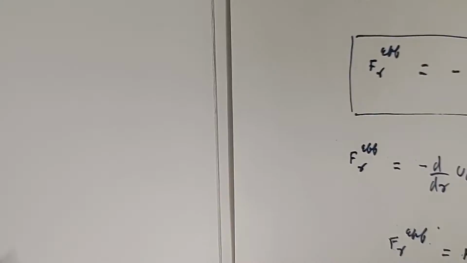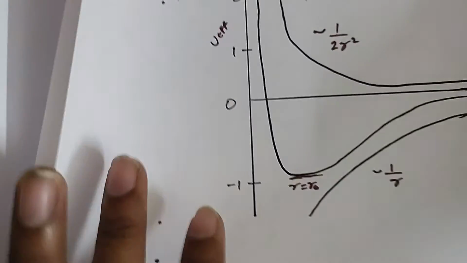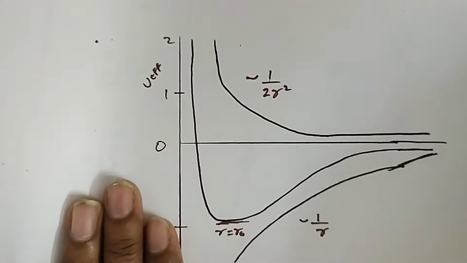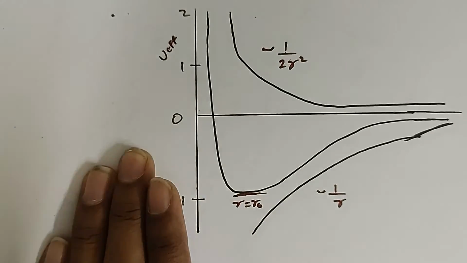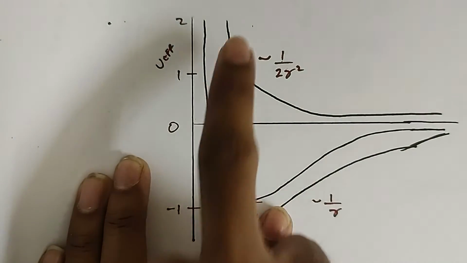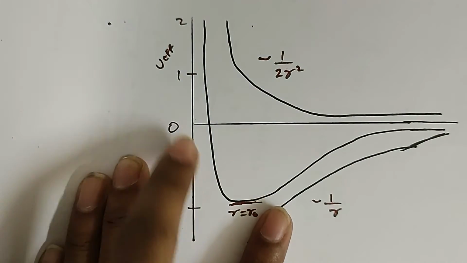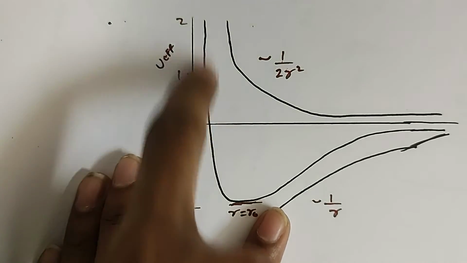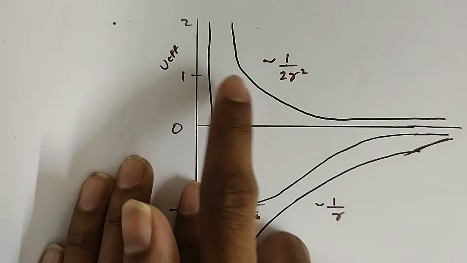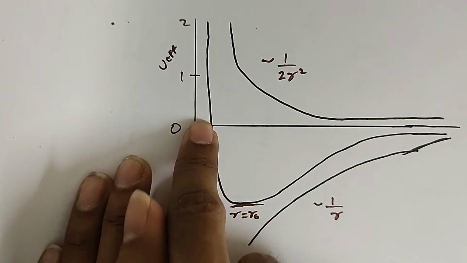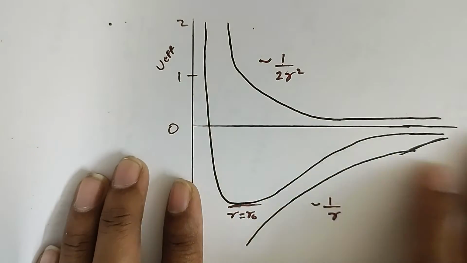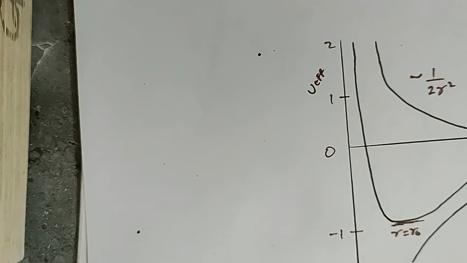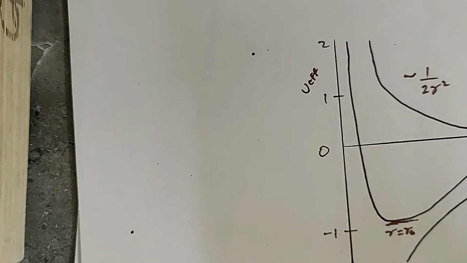I want to show you the energy diagram which I have made earlier. So in order to save some time, this is what the energy diagram looks like. Here on this particular axis, we have U effective, and it ranges from -1 to 1. 2 is just the upper limit that I have used, and from 0 there goes a horizontal axis which corresponds to the r part, and I have missed to write it.